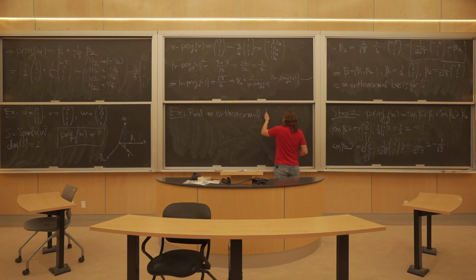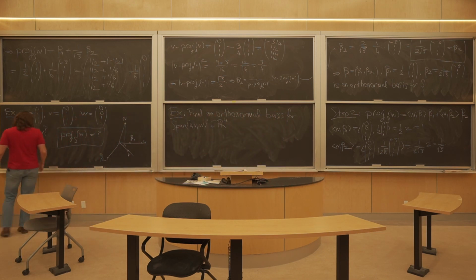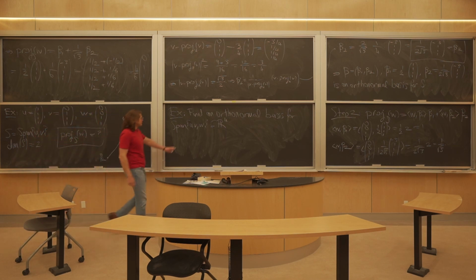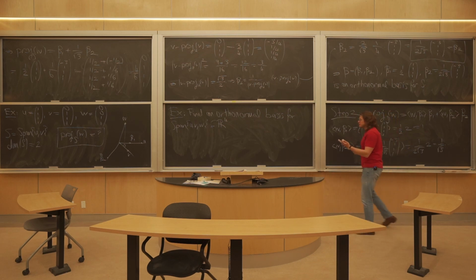Find an orthonormal basis for the span of U, V, and W. And this is a 3-dimensional subspace in 4 dimensions. Okay, so we pretty much have everything. I want to start with my orthonormal basis for the span of U and V, and add to it some orthogonal vector using W now.